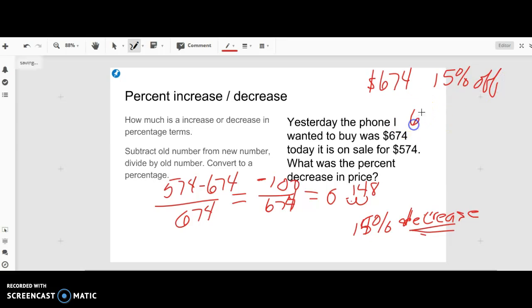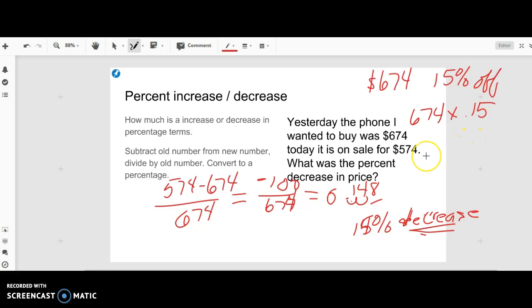And you would say 674 times 0.15, which actually doesn't quite give you $574. Because we rounded it, it doesn't give you $574, and it wouldn't even round to $574.